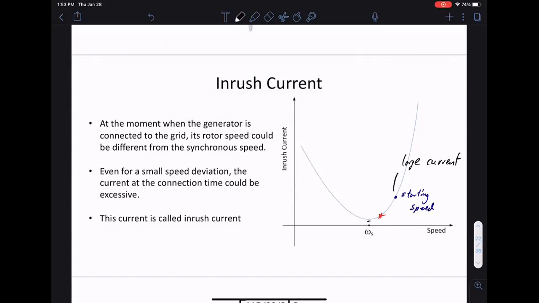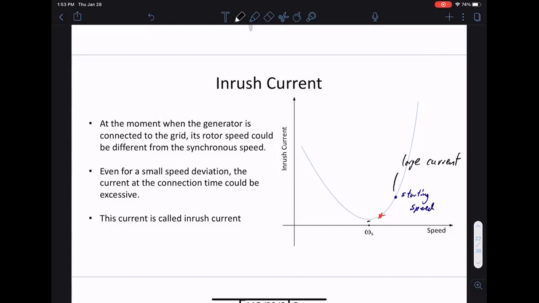So this is not a very graceful change in current. If you go away from the synchronous speed a little bit, the current increases a lot. That's why you can see big current shifts going up and current oscillations in the system. So this is called inrush current. Inrush means when you first connect to it, the rush of current that goes through the system.